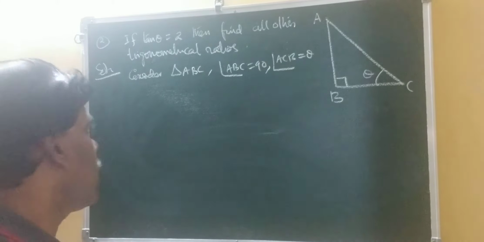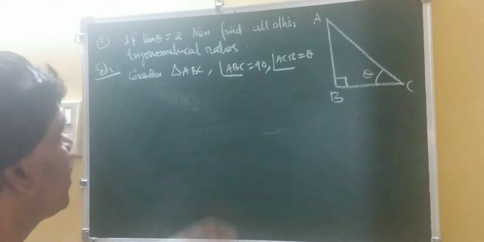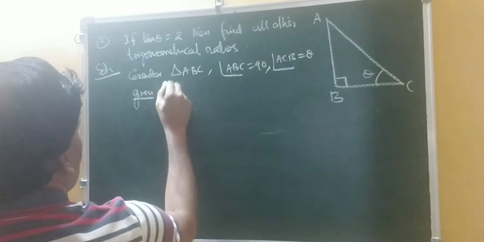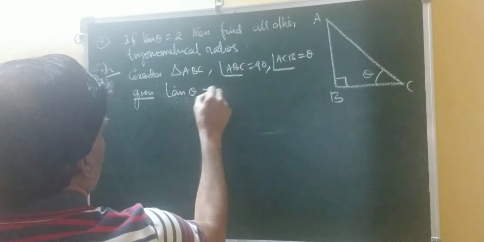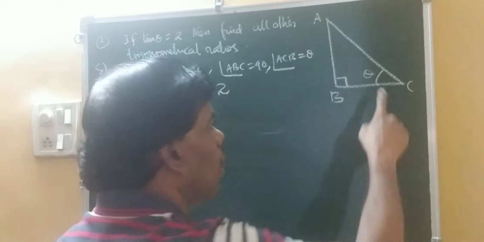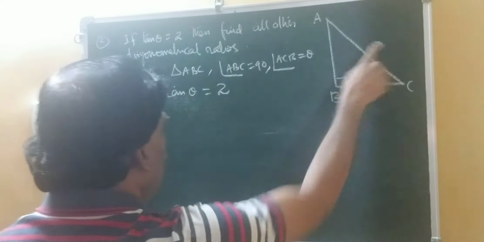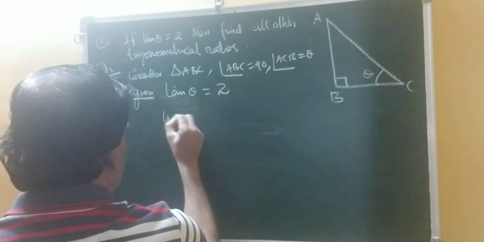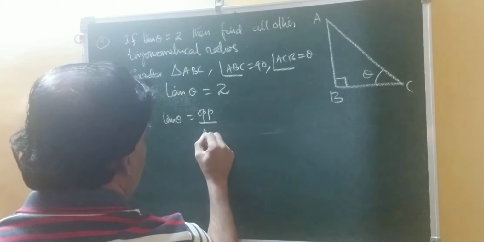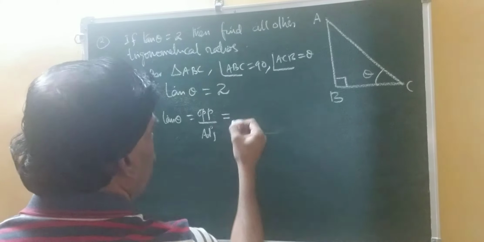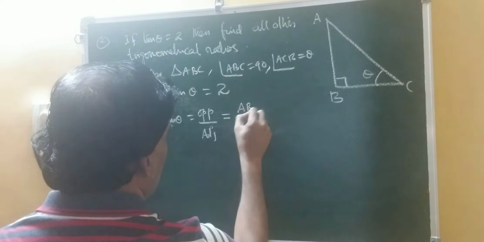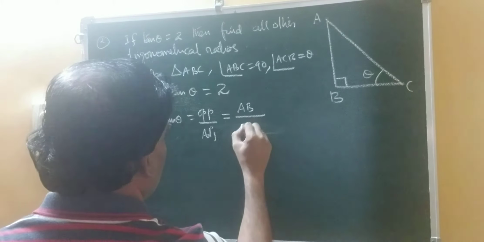Now, what is given to you is tan theta. Given tan theta equal to 2. This is theta. Tan theta means what? Opposite side upon adjacent side. So tan theta equal to opposite side upon adjacent side equal to AB upon BC.